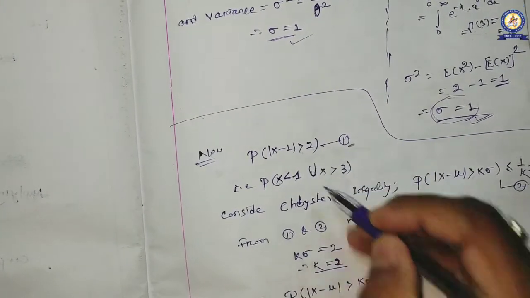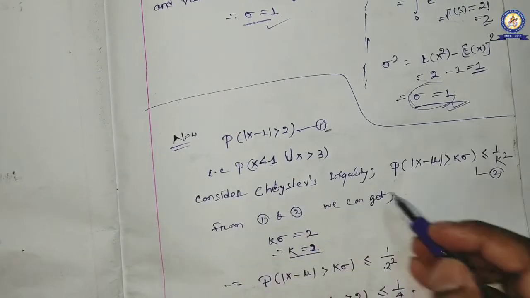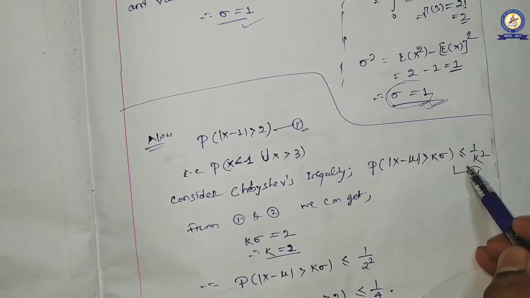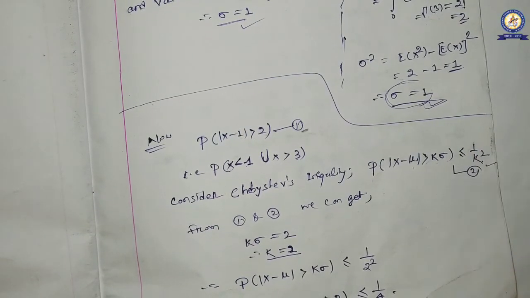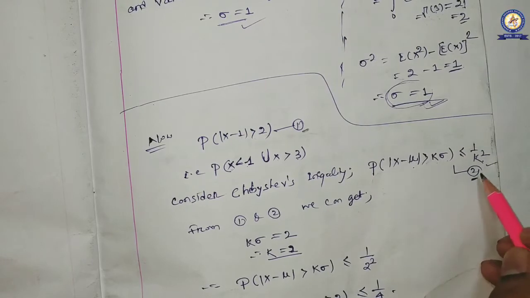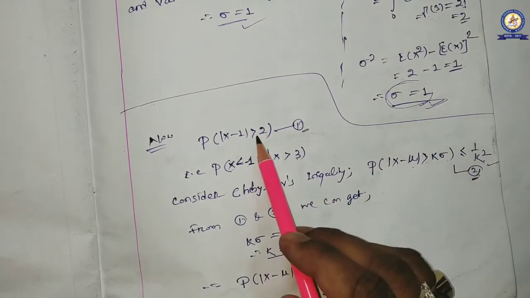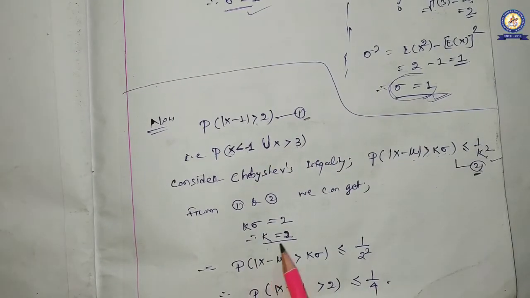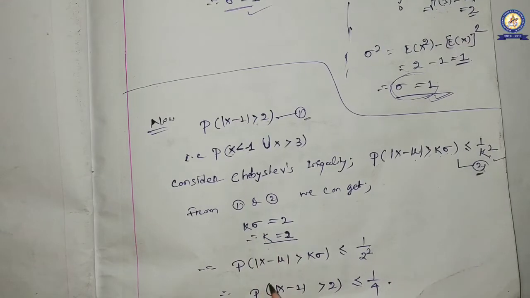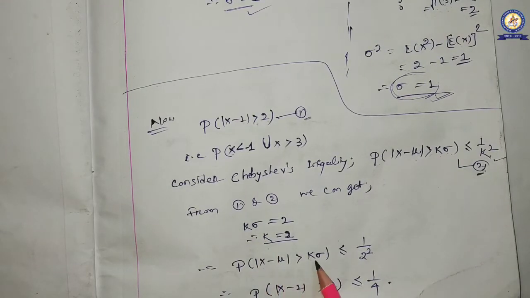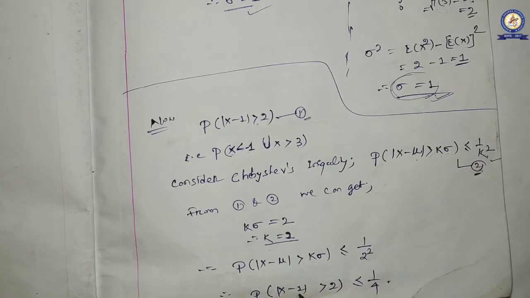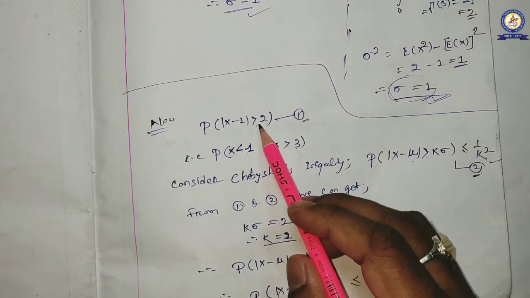Okay, so now consider Chebyshev's inequality, that is the probability of mod x minus mu greater than k sigma, which will be less than or equal to 1 by k square. Let this be equation number 2, and just compare this one with this one. We found k sigma equals 2, where k equals 2 because sigma is 1. So the probability of mod x minus mu greater than k sigma will be less than or equal to 1 by 2 square, and instead of mu we can write 1, and this is equal to 2, as already given in the question.